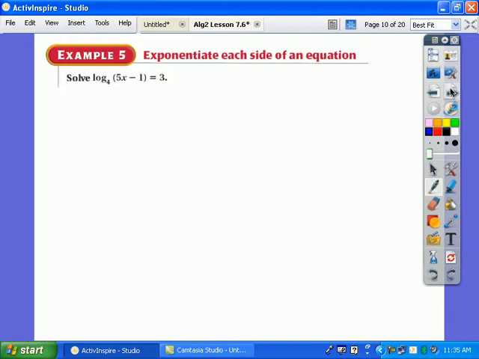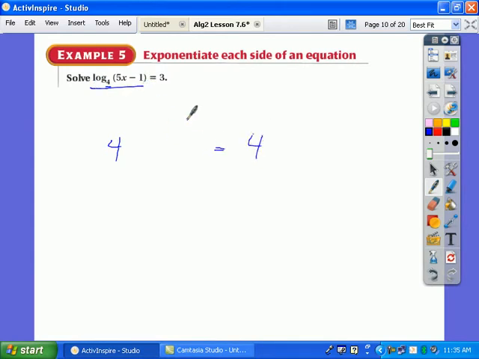The new base in this case is going to be 4. So I'm going to put 4 to this power, and that's going to equal 4 to this power.